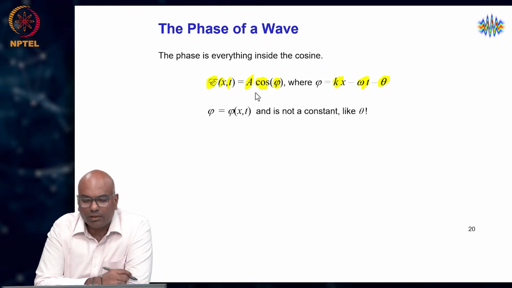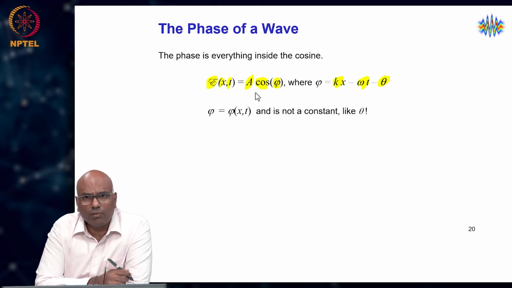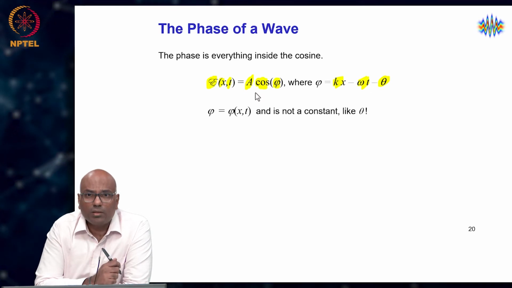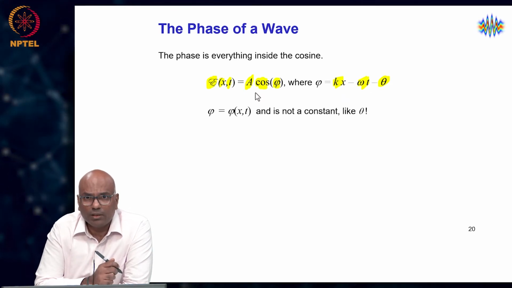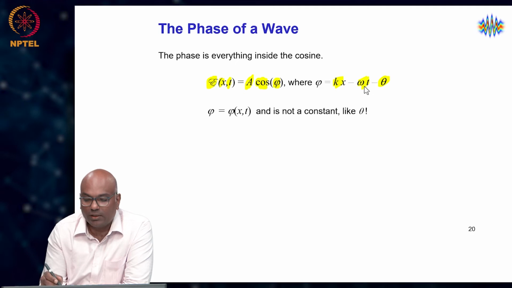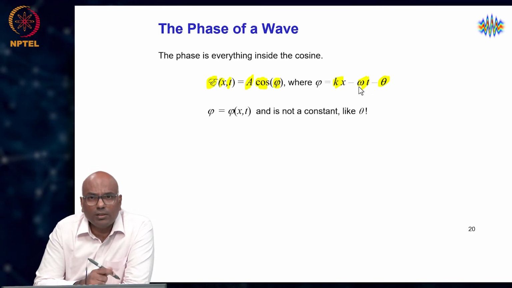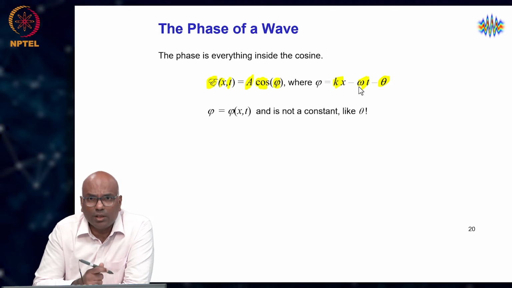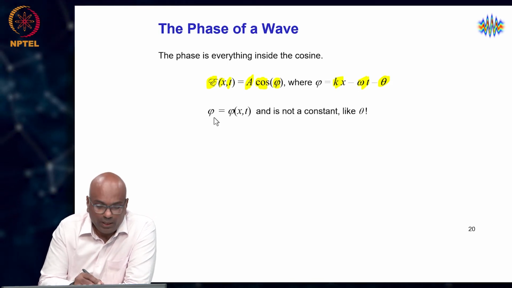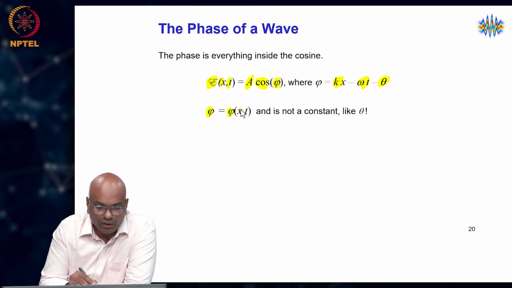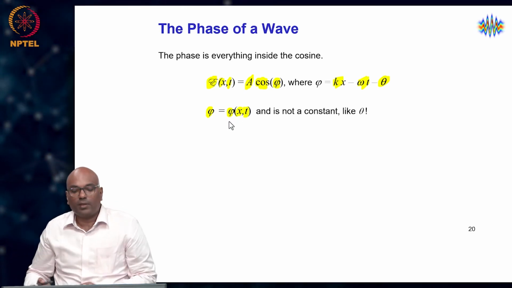So, this entire phase factor phi, which is, we should observe right away here, a function linear in x and linear in t, can be considered in a more generalized scenario to be phi, a function of x and t.